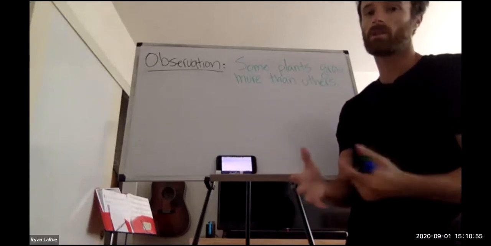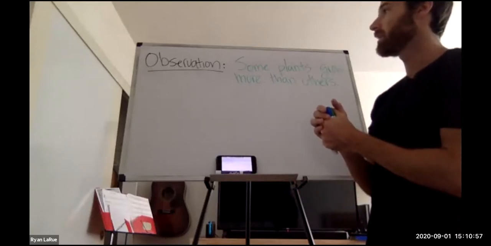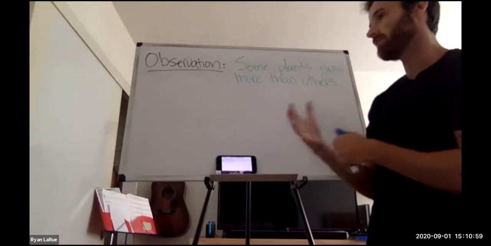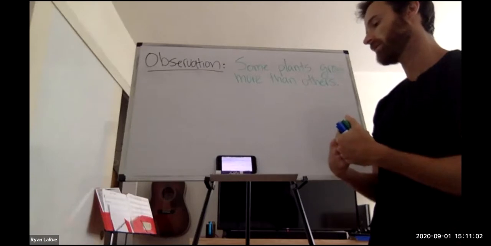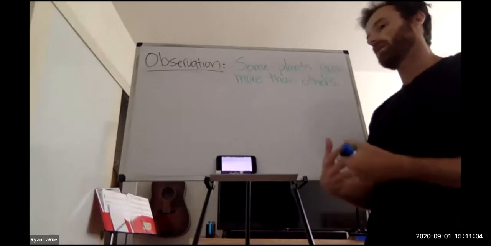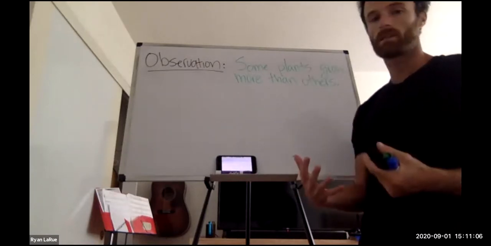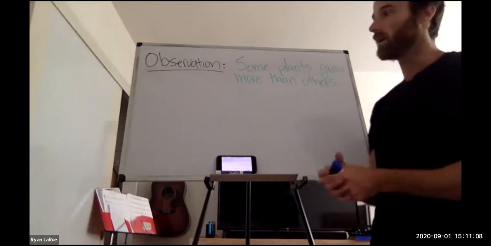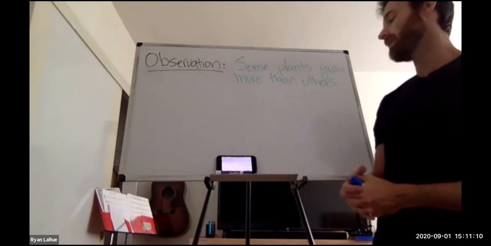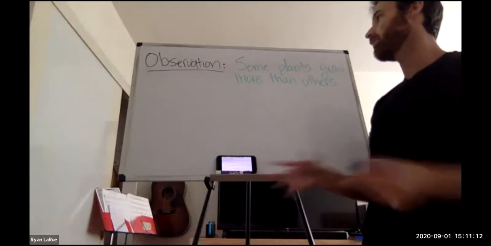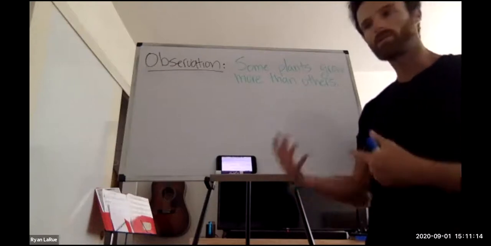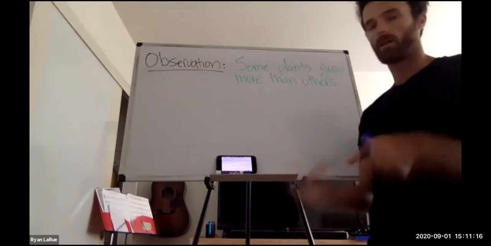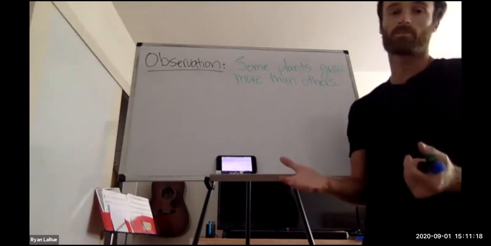So an observation, especially for this example, and even in biotechnology, might relate to maximizing profits in an industry. Let's just say we're a farmer and we want to use science to maximize the amount of crops that we grow.